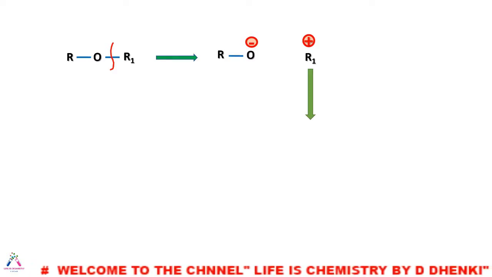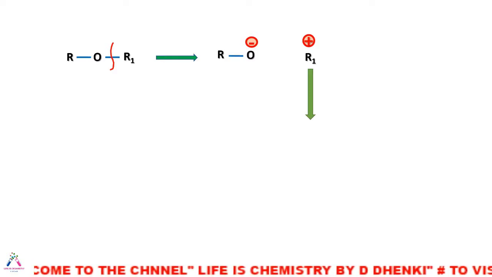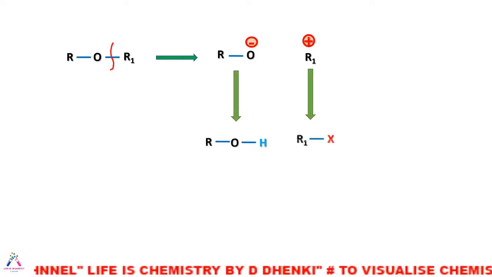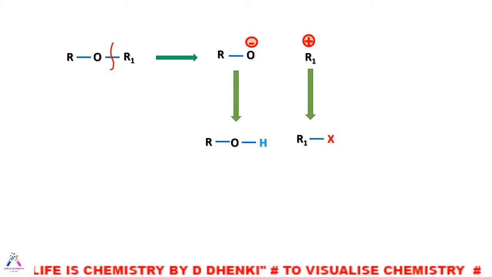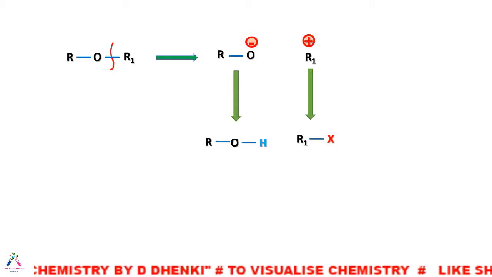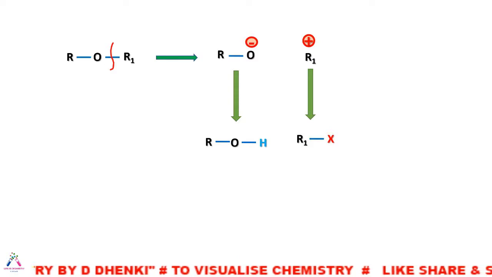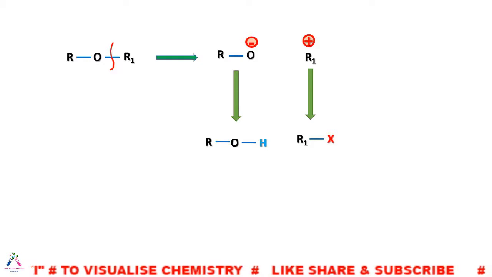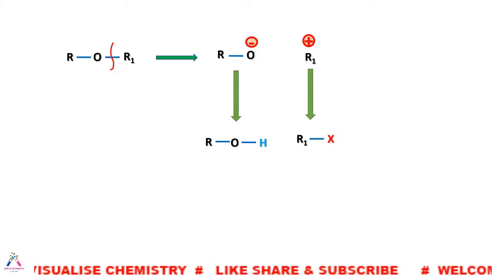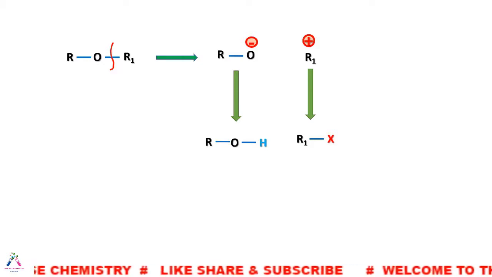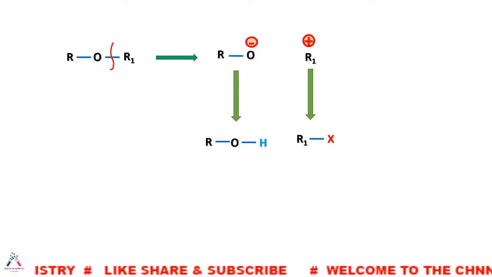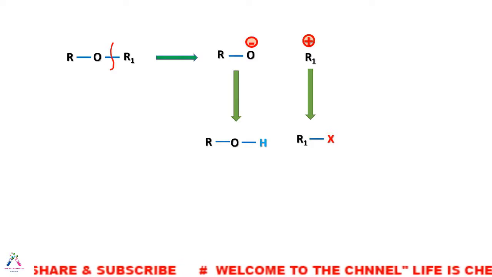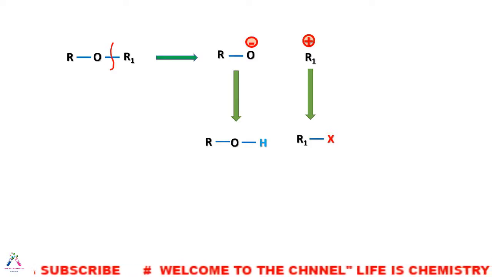This starting material can be obtained from these two charged precursors, and this will be the alcohol ROH, which has the detachable proton or acidic proton from which we can easily get RO minus, and another one is the alkyl halide, where the carbon has the polarity of positive charge. So by combining this alcohol and the alkyl halide in proper condition, we can obtain this unsymmetrical ether.